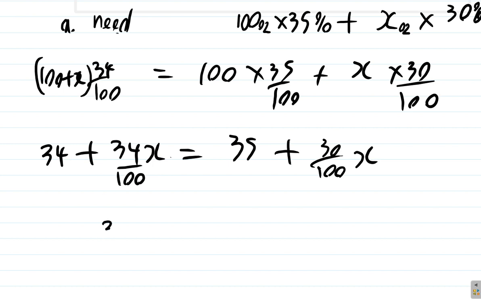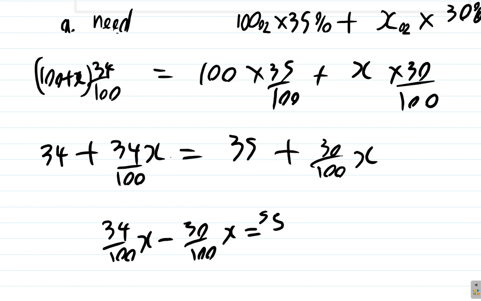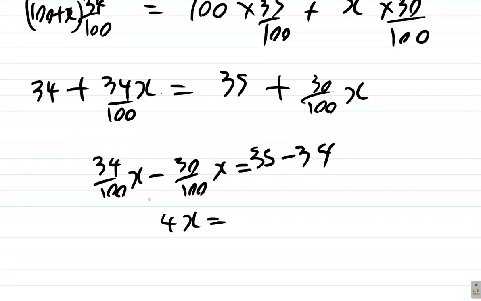So we're going to have 34 out of 100 x minus 30 out of 100 x equals 35 minus 34. So this will be 4 out of 100 x equals 35 minus 34. That's going to be 1. Alright?